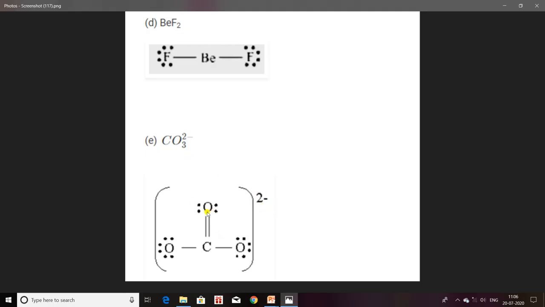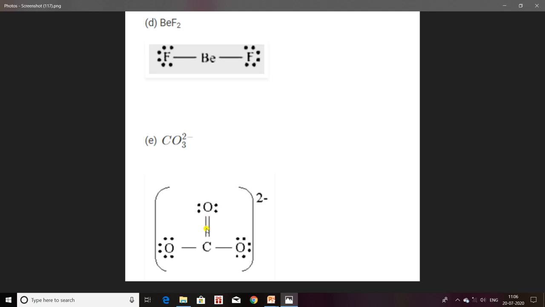Now you will represent 6 valence electrons of this oxygen atom. 1, 2, 3, 4, 5, 6. Now carbon has 4 valence electrons, 1, 2, 3, 4. So carbon will share 2 electrons with this oxygen atom and oxygen will share 2 electrons with carbon atom. Okay, so in total there are 4 electrons here.